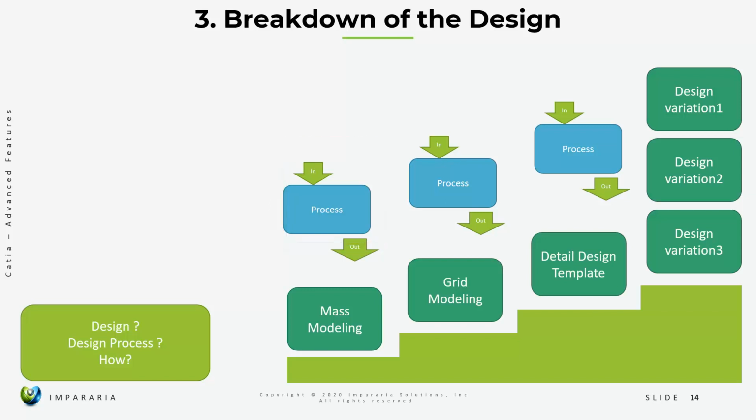For example, the output of a mesh modeling can be an input of the step of creating the wireframe, right? Then the result of a wireframe can be an input of the detail modeling.